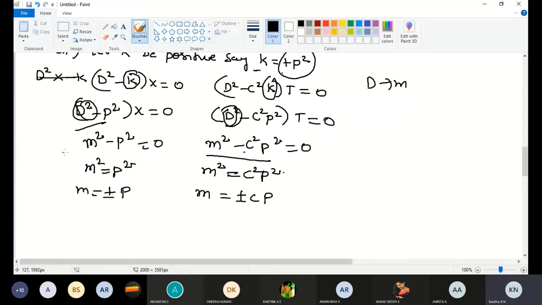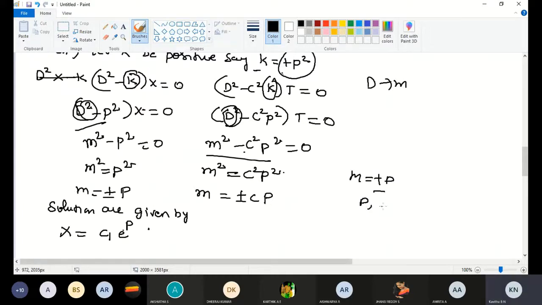Then next, write the solution here. Solutions are given by capital X is equal to c1 e to the power of m x, where m is equal to plus or minus p, means p comma minus p.